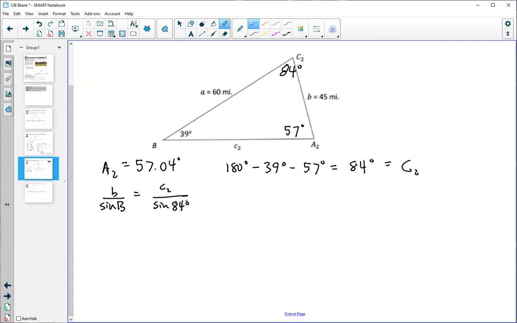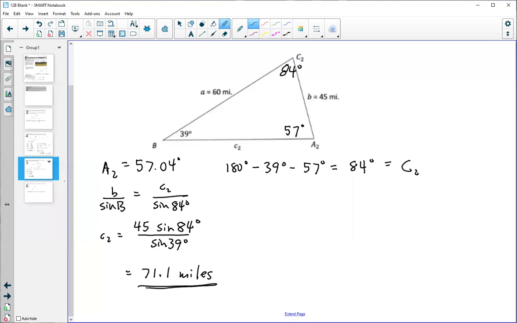If we rearrange this to solve for C sub 2, we get 45 times the sine of 84 degrees all over sine of 39 degrees. When we calculate this, it comes out to about 71.1, and that's miles. So when Ben is approximately 71 miles away from his house, he will lose the signal.